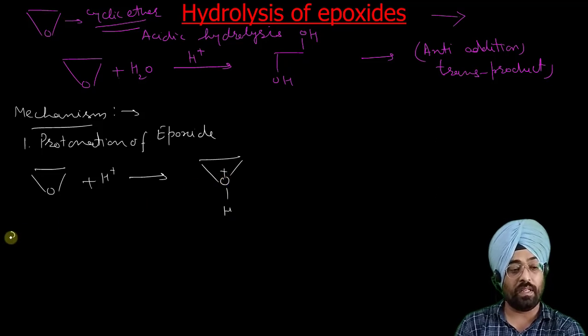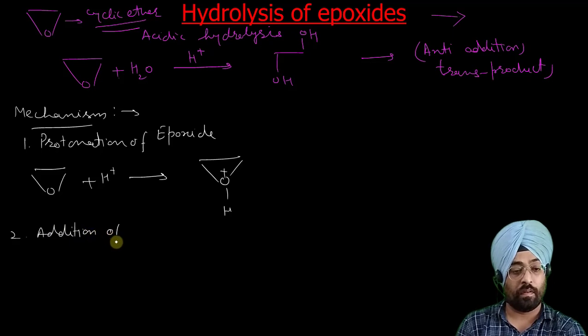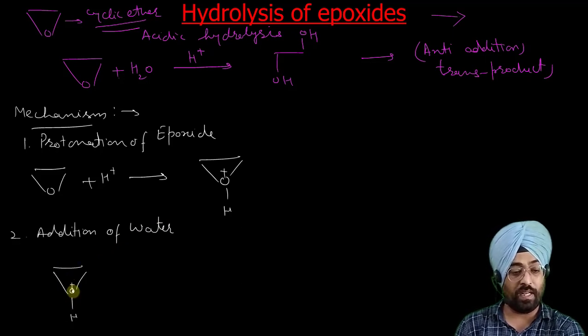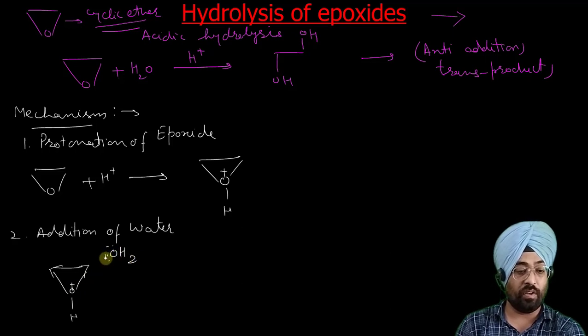So second step is addition of water. Now water cannot add from the side of OH. So water will prefer to attack from the opposite direction of this OH group, because that position is occupied. So if this is water, it will attack from here.